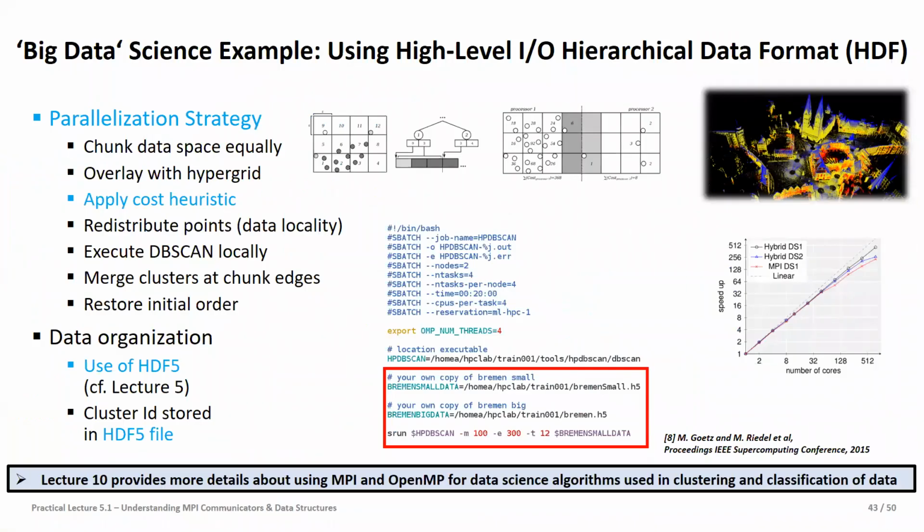These are the minimum number of points and the epsilon neighborhood that you can, of course, steer. How big is the epsilon neighborhood? How many points you expect to be therein to be the minimal number of points to form a cluster. But these are things we will look into in lecture 10 much more, to better understand it.